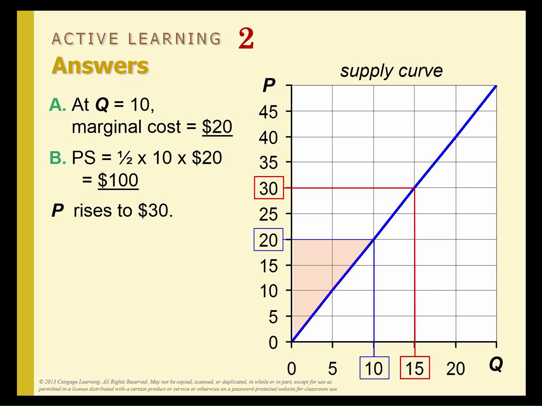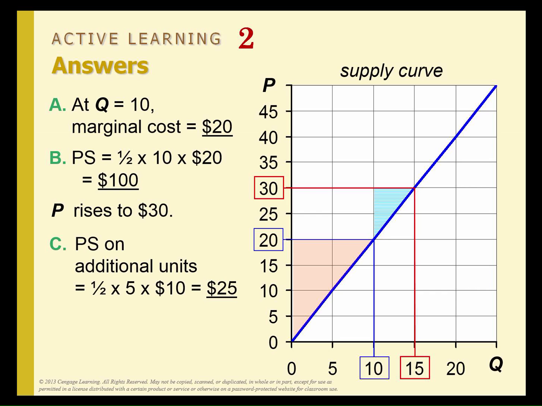If price rises to 30, well, people are going to get more profit. First, I want to see how much is from the additional people who are in the marketplace. Remember, before, when price was 20, only these people up to 10,000 were in the marketplace. But now when price rose up to 30, we were able to get these extra people from 10 to 15 in the market, and this represents their profit right here.